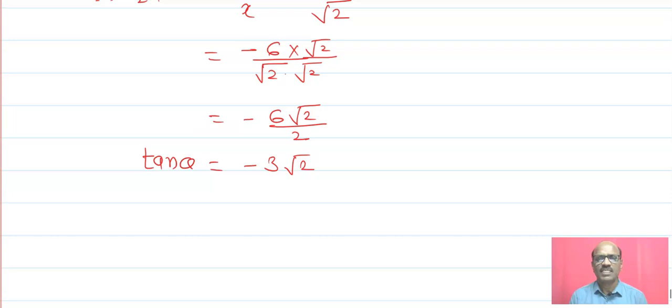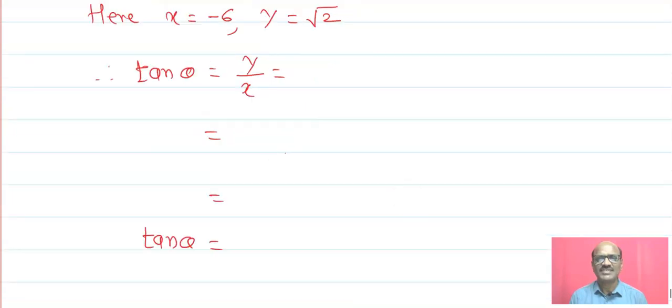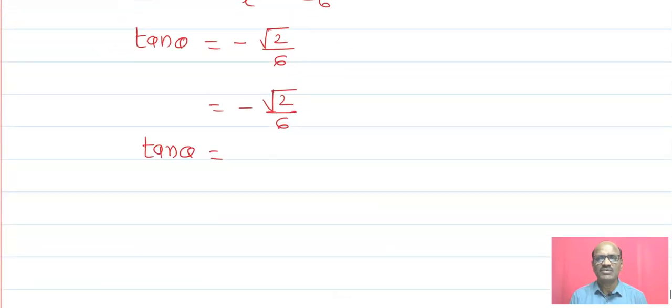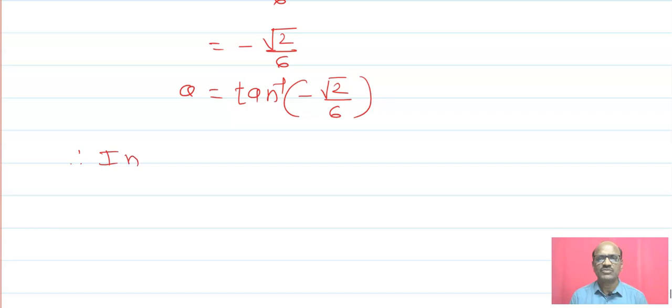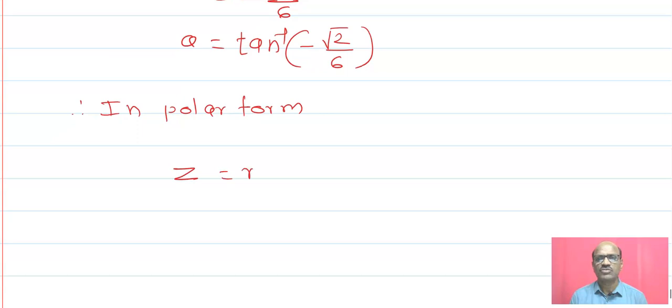Tan theta is equals to y upon x, that is root 2 upon minus 6. And now keep this angle as it is. Therefore, theta is equals to tan inverse of minus root 2 upon 6.